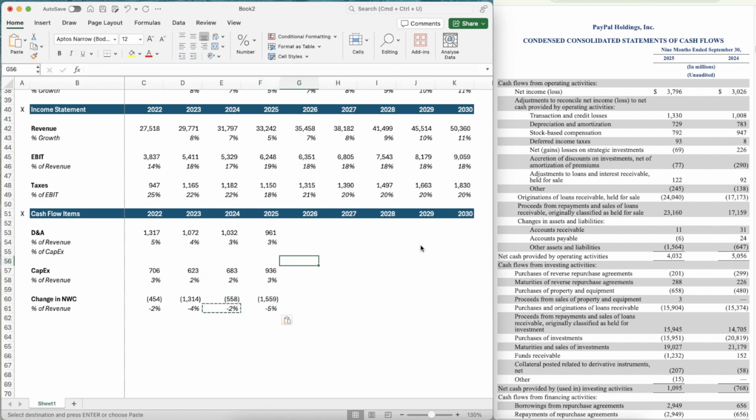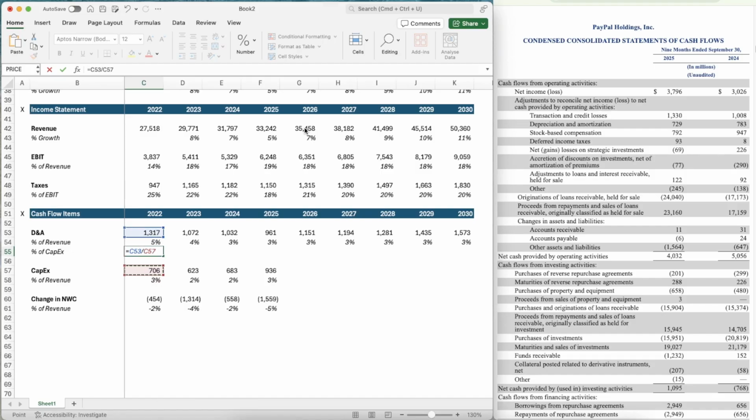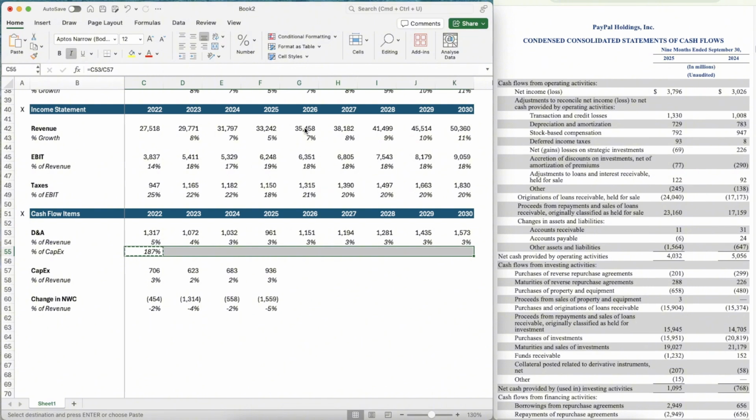They won't actually be that good for free cash flow. They'll cancel each other out. So take an average from the last 3 years and forecast it out, and then take your revenue and multiply it by the percentage of revenue. Pull that across. We also want to know what this is as a percentage of the capex, the DNA divided by the capex. Cross.